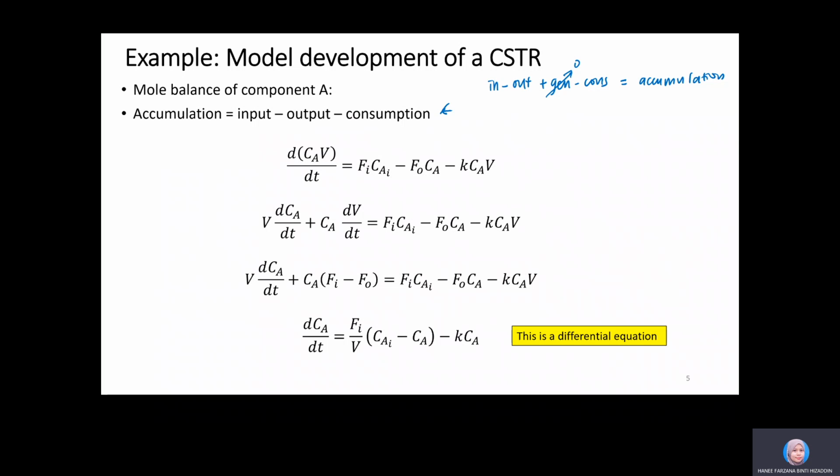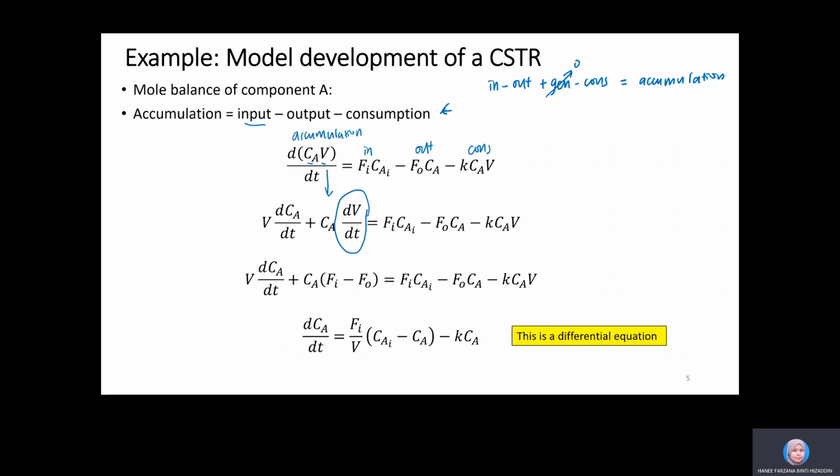So you just key in all those terms that we defined in the previous slide. This is your input, this is your output, this is your consumption term, and this is your accumulation term. You can break the accumulation down into two derivatives because it is a product of two variables: V dCA/dt plus CA dV/dt equals input minus output minus consumption.